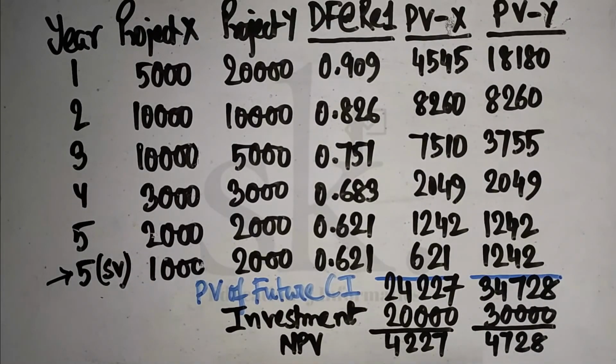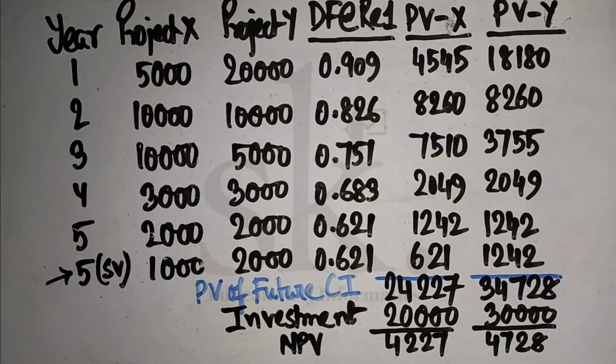Very close. Here again, both the projects have a positive NPV, so both the projects are good. But if I have to invest in any one of the projects, I will select project Y just because the NPV of project Y is greater than the NPV of project X.